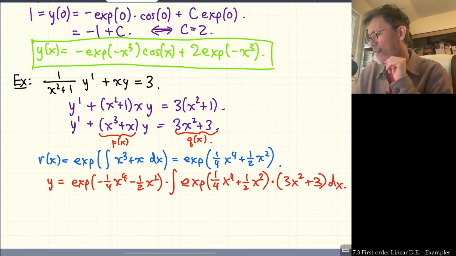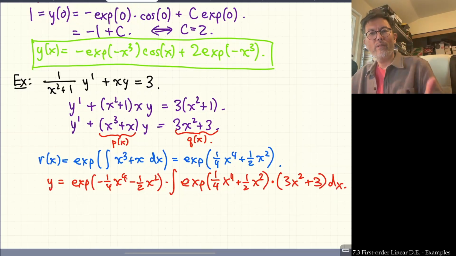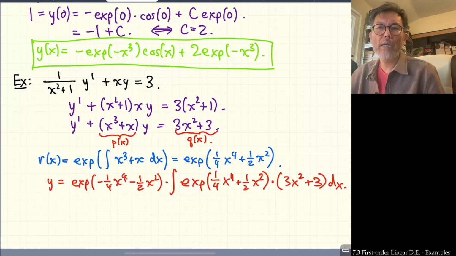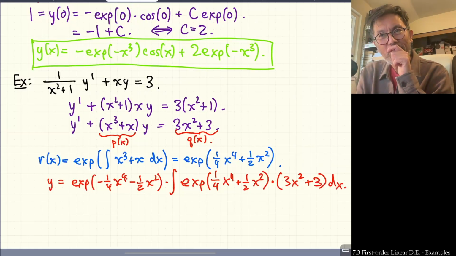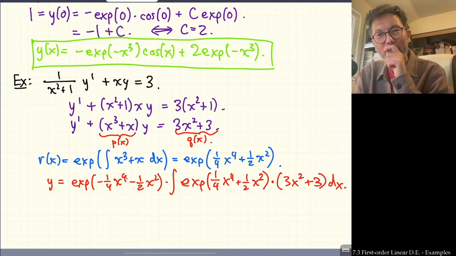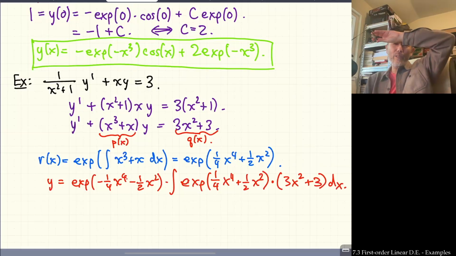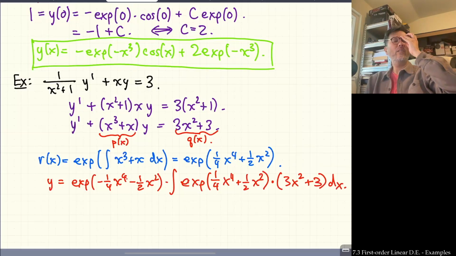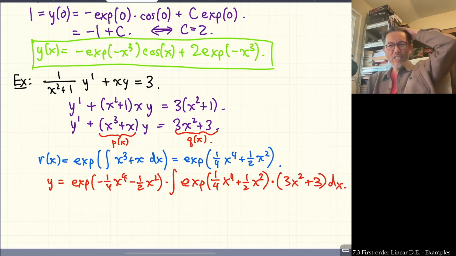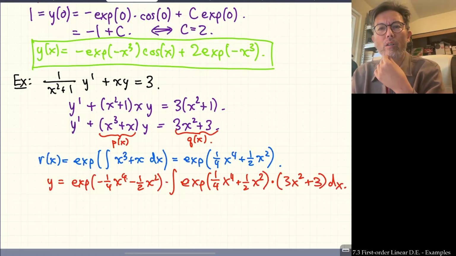When you have a thing like, let me just think this through. It could be that this is killable using a combo of integration by parts.